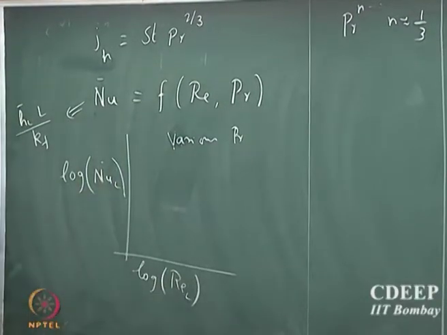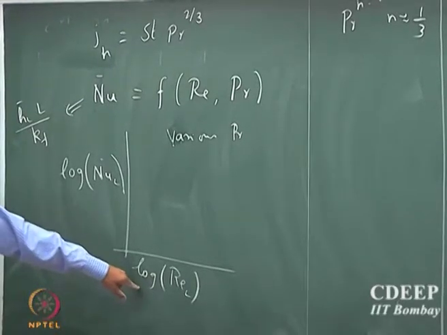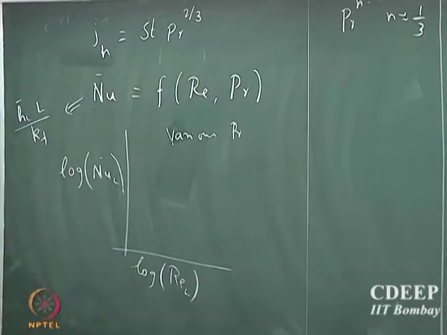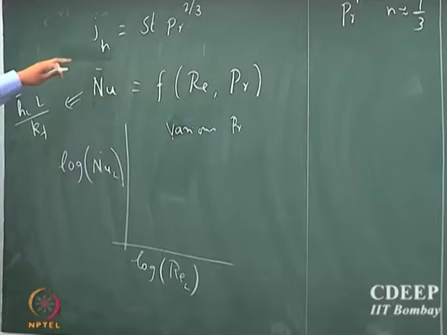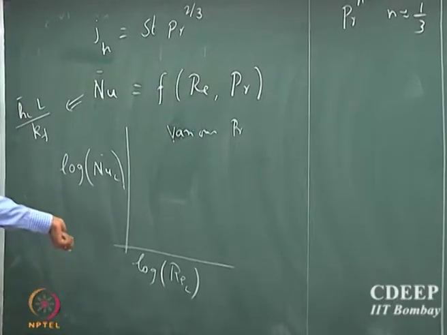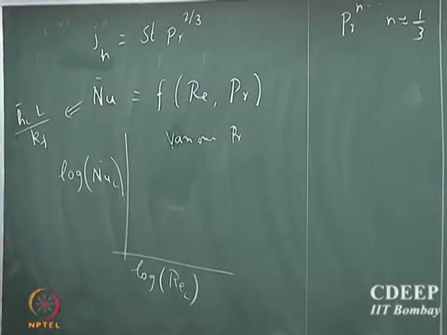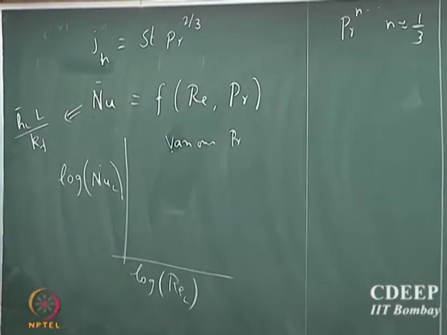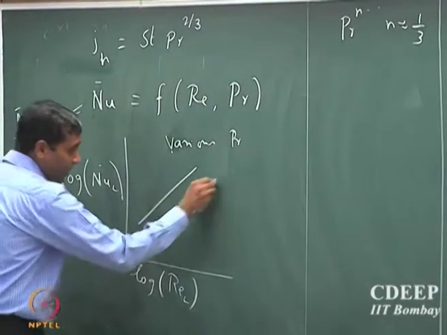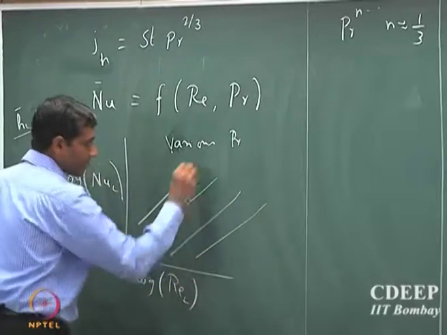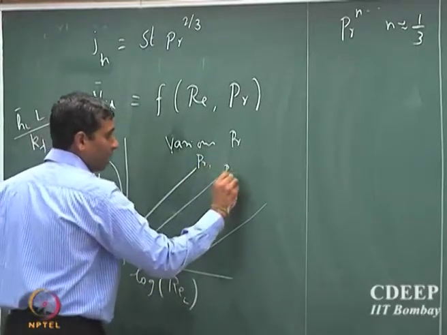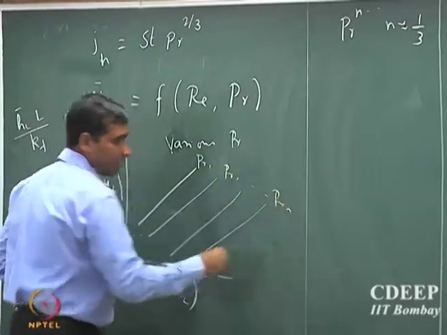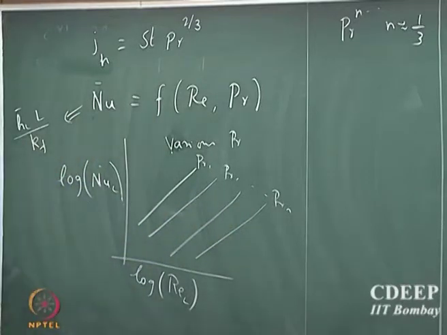It's not by chance that they found you have to plot log; the Colburn analogy was used to understand what functional form to use to extract information from this data. So they made a plot for different values of Prandtl number, Pr1, Pr2, etc.